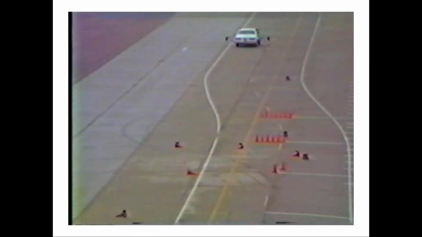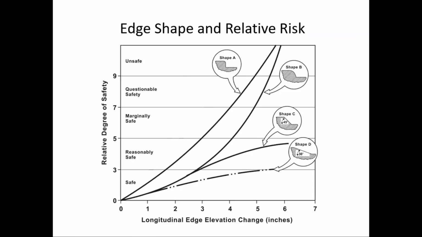Okay. And Ron, there was one quick question. We were looking at the chart with the edge shapes. Question from John. He says, how does speed factor into the edge shape and relative risk? That's a good question. It does certainly factor in. I'm not sure how they factored that in this research, to be candid with you. I'd have to go back and look at it. But I believe the research was done at kind of highway speed.